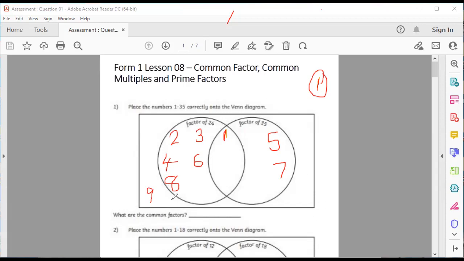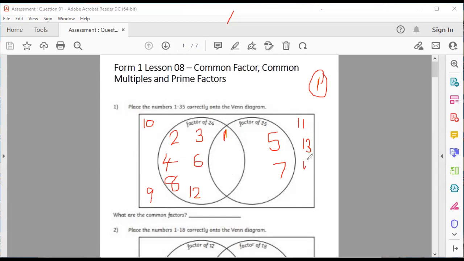Understood? So 10, where will 10 go? Outside. 11? Outside. 12? In 24, only for 24 because it won't overlap. It's not a factor of 35. How about 13? None of them. Outside. 14?